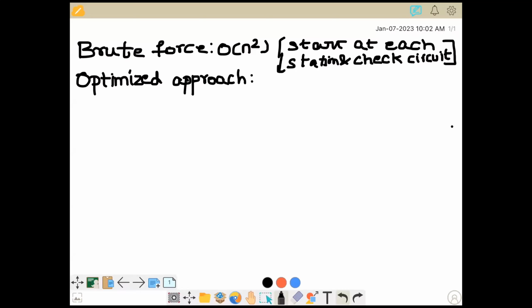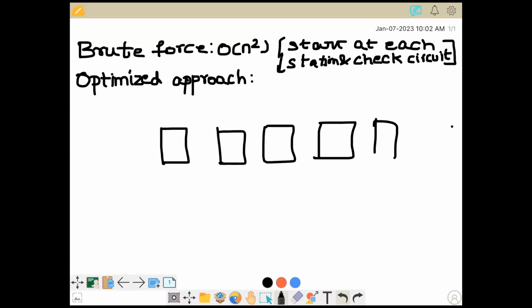Let us take another example. Let's say we have 5 gas stations, A, B, C, D, and E. Let's say we can reach from A gas station to B gas station and B gas station to C gas station, but we cannot reach from C gas station to D gas station.